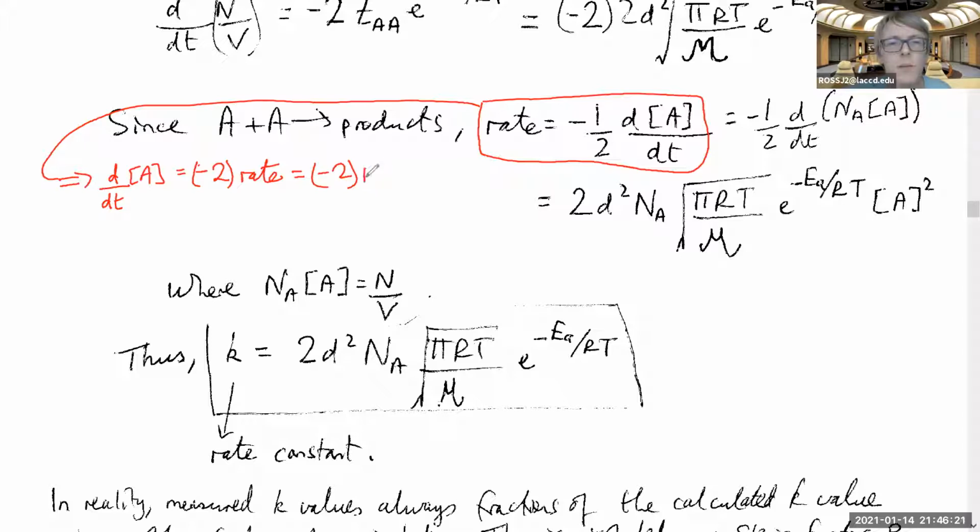The rate is going to be the rate constant times [A] squared. A squared because it's second order in A here, because I'm looking at a bimolecular reaction, I guess. Okay, so I know what k is.